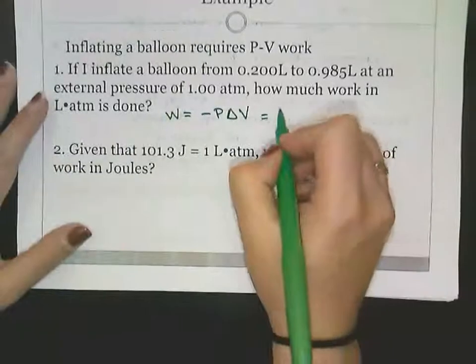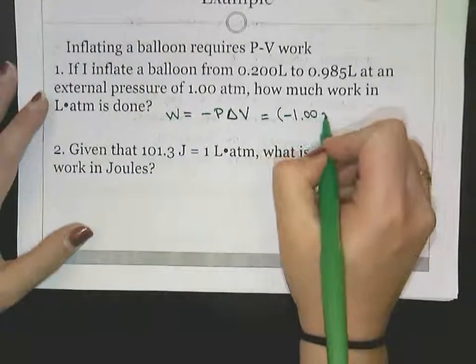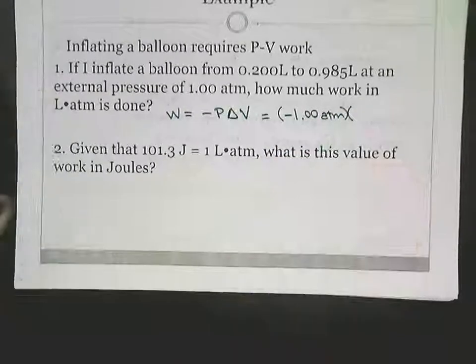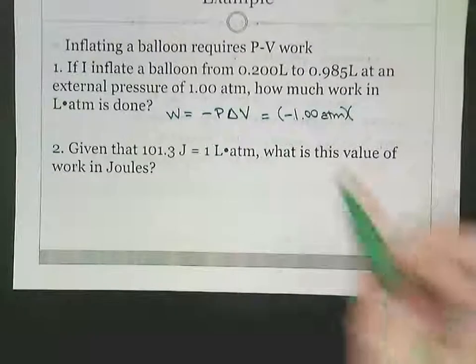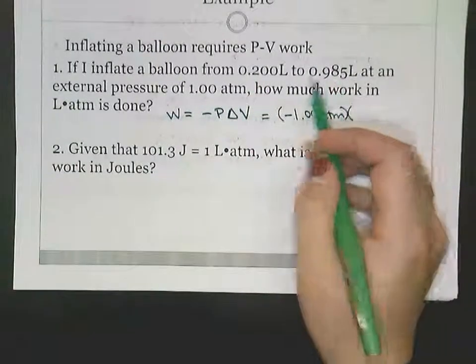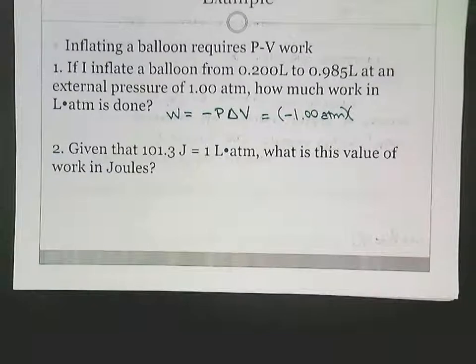Yeah, 1 atmosphere. And then how would I go about figuring out delta V? Do I do 0.2 minus 0.985 or 0.985 minus 0.2? Yep, right, it's always final minus initial.